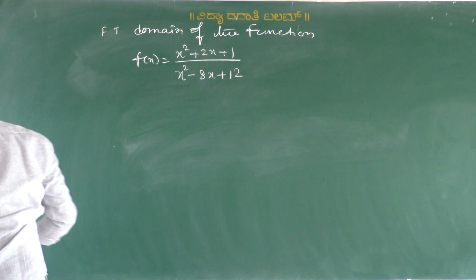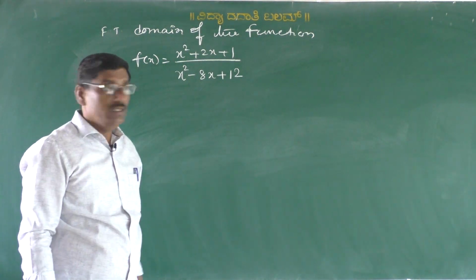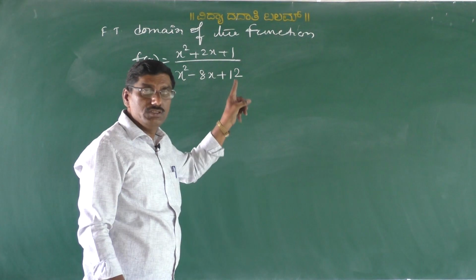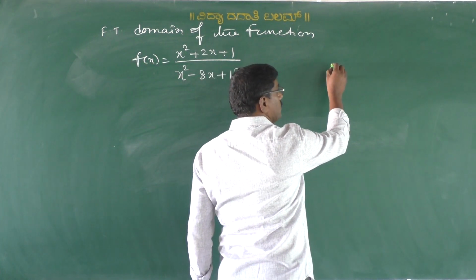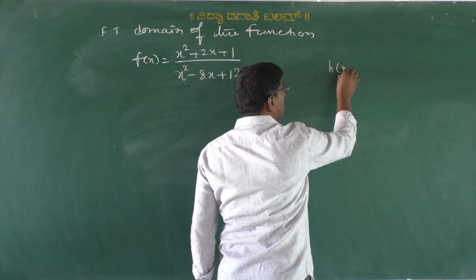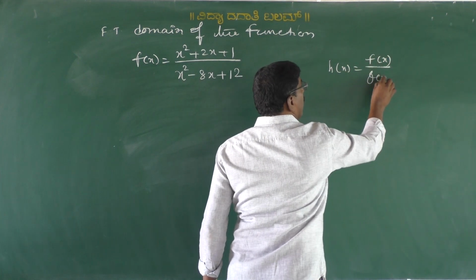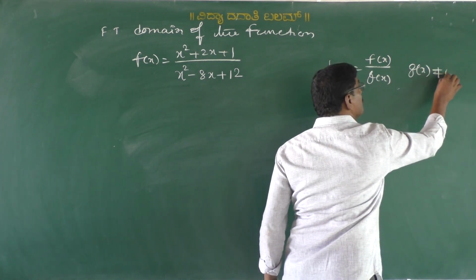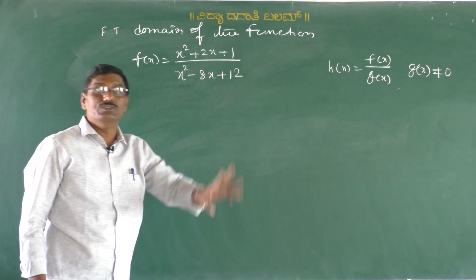Now our aim is to find the domain of this function. My dear students, this is a rational function, isn't it? A rational function is defined as h of x is equal to f of x by g of x under the condition that g of x is not equal to 0.